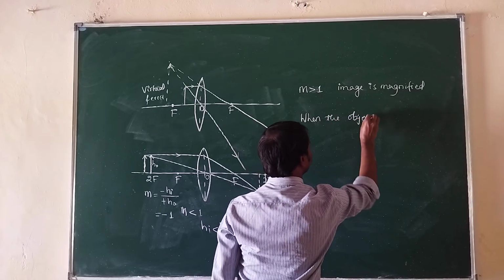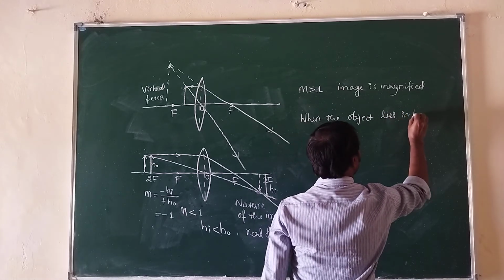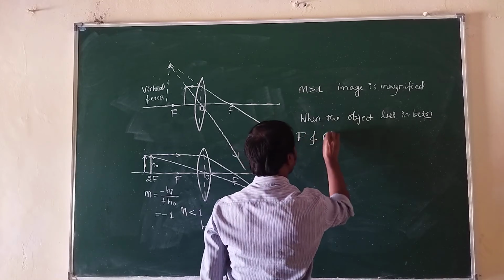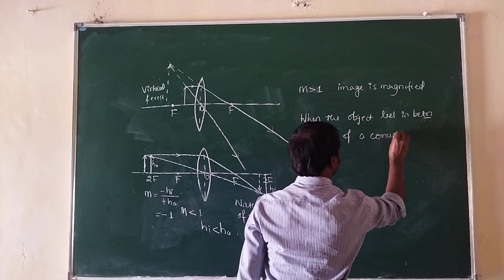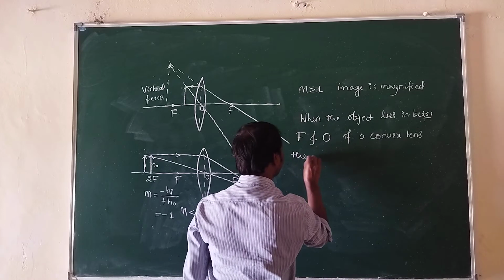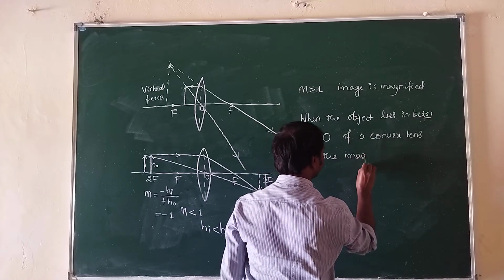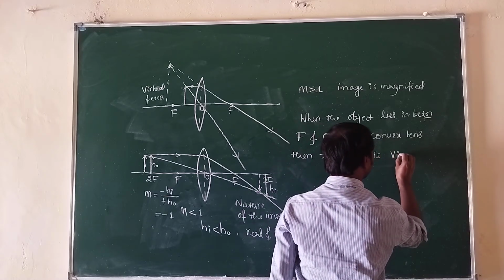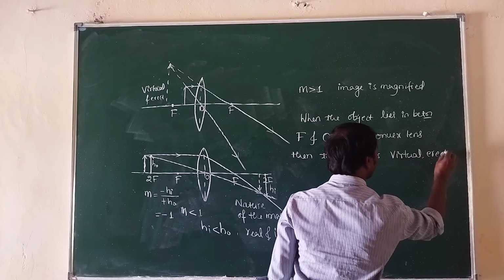So when the object lies in between principal focus and optical center of a convex lens, then the image is virtual, erect and magnified.